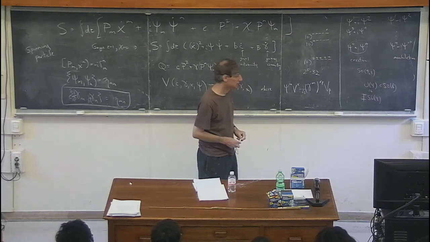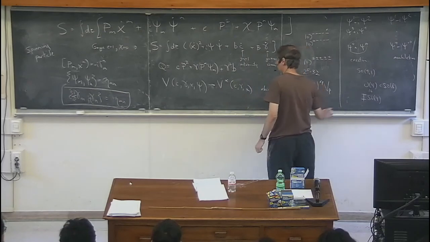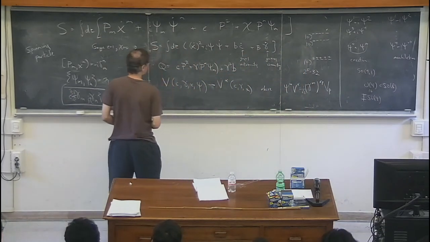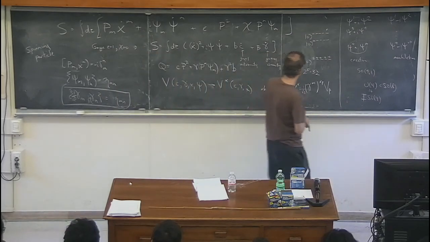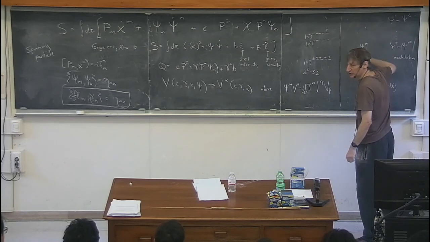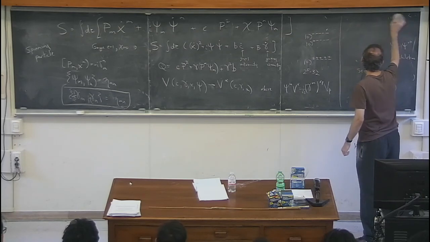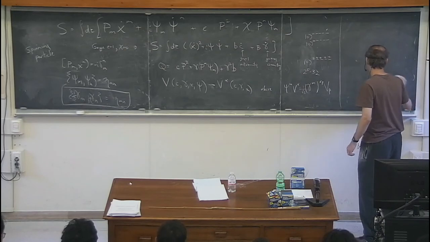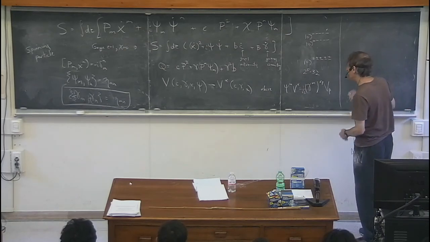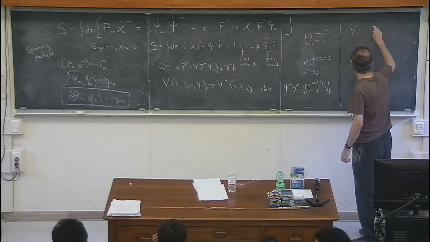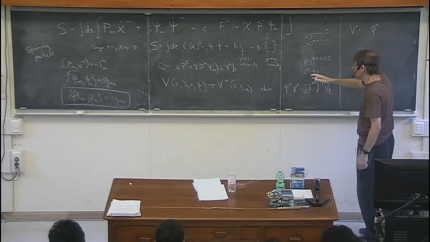Okay, so we have this representation, and now we just have to look at the states. So I'll start with this tomorrow, but let me just say the answer. What we're going to find is that V alpha has a term phi alpha, which has no c or gamma dependence.